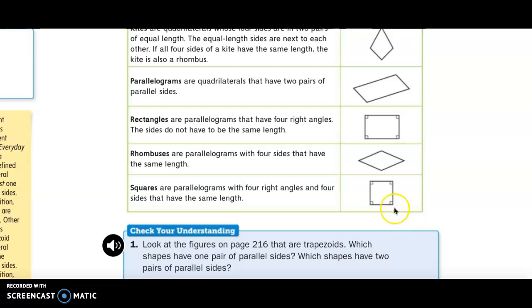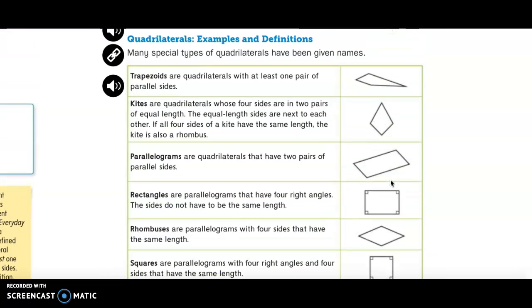So this side and this side never touch, and this side never touches. But they have 4 right angles and 4 sides that have the same length. So these have the same lengths, but guess what? They don't have the perfect angle. This one's too wide and this one's too narrow. This one's too big. This one's too small. These ones are perfect. They're straight up and down and straight across right angles.